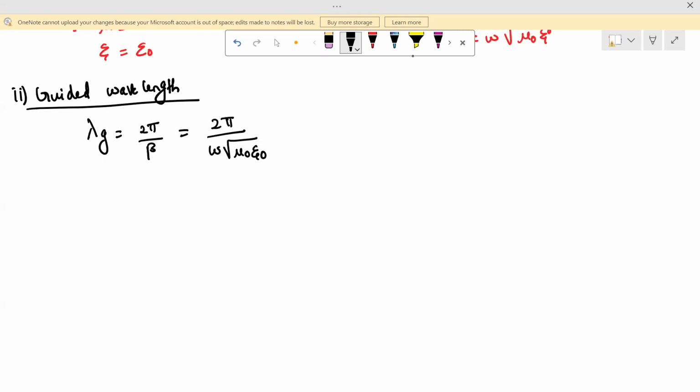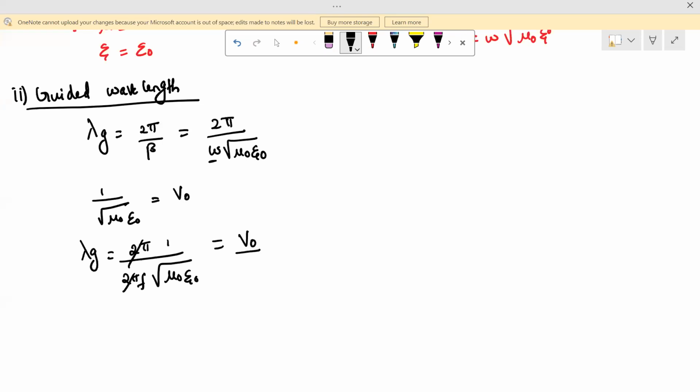Now we know that 1 by root of mu naught into epsilon naught is nothing but V naught. So this can be written as lambda g is equal to 2 pi divided by omega. Omega is 2 pi f, into root of mu naught epsilon naught. 2 pi will be cancelled and 1 by root of mu naught epsilon naught can be written as V naught.